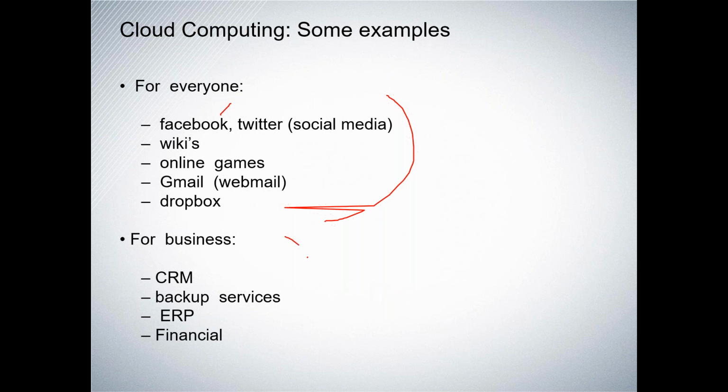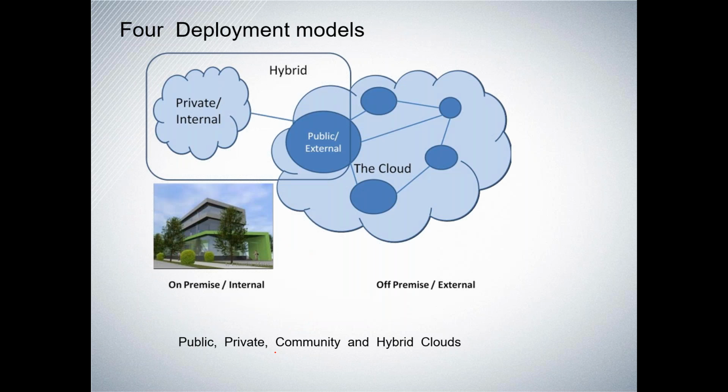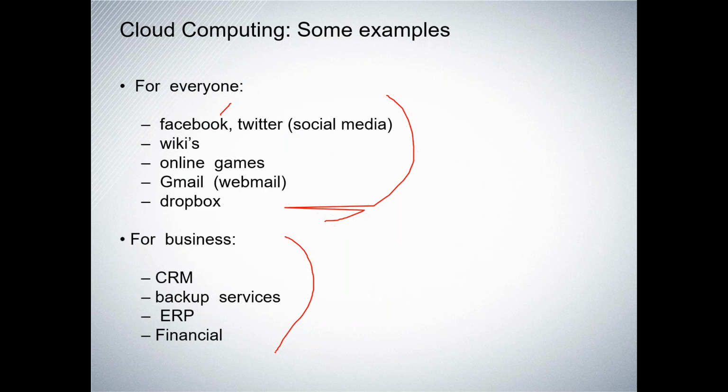Some services are for businesses, like CRM, customer relationship management, backup services, ERP, financial. These are for businesses. CRM examples: Salesforce, Microsoft Dynamics. ERP, SAP, and financial services. So these are some examples of cloud computing.